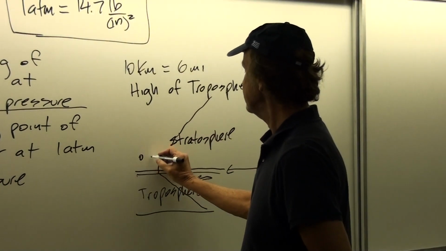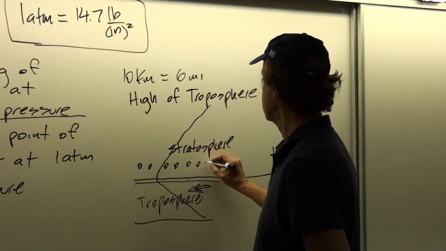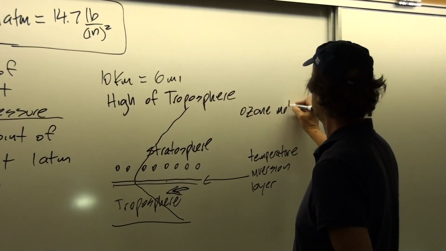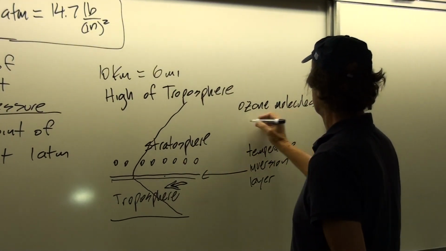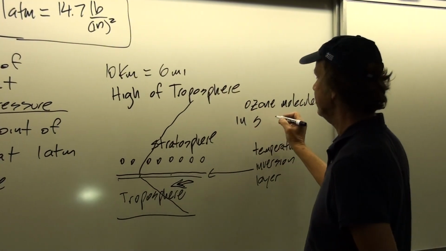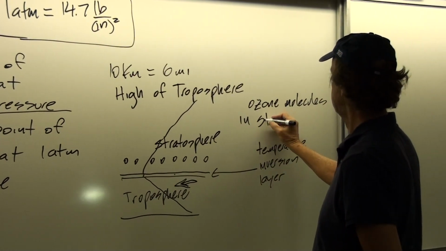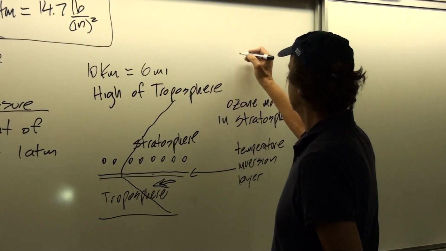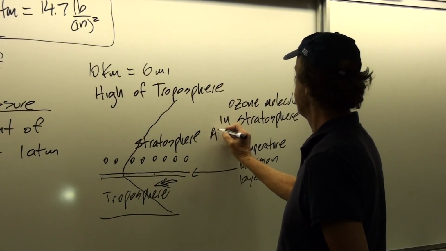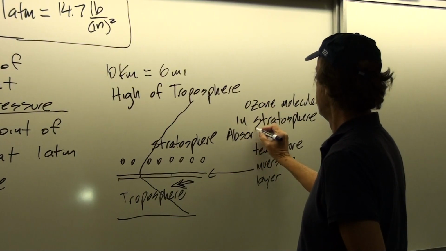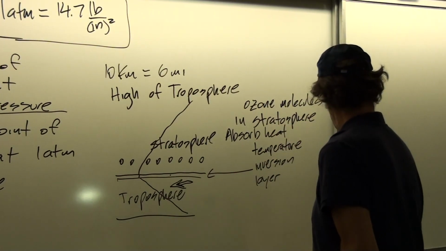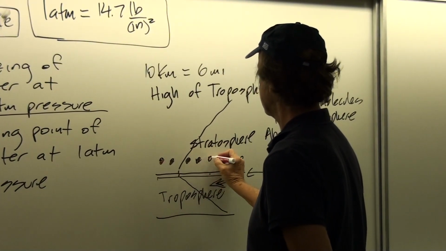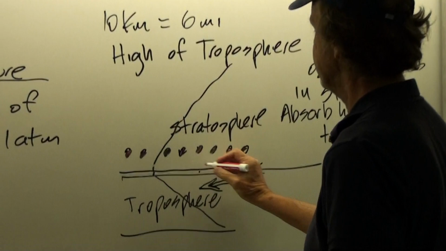But what we have in the stratosphere down here are what are called ozone molecules. And that's the reason for the difference in the temperature. Because the ozone molecules absorb heat from the sun. And so these ozone molecules get hotter because they are more able to absorb heat from the sun.